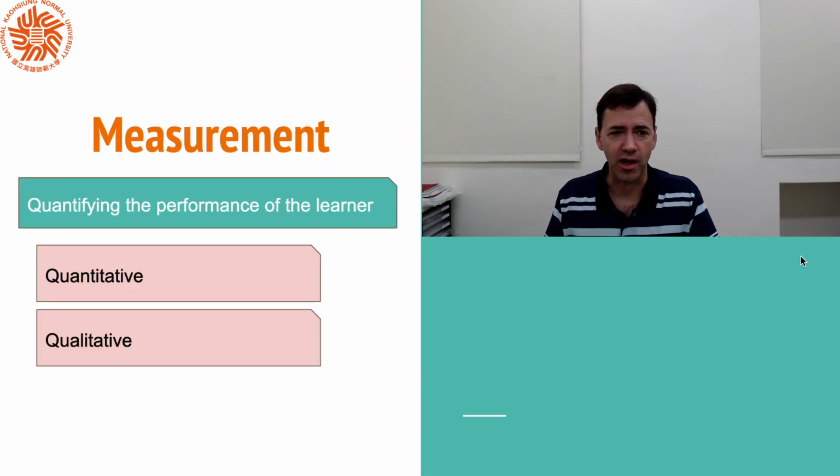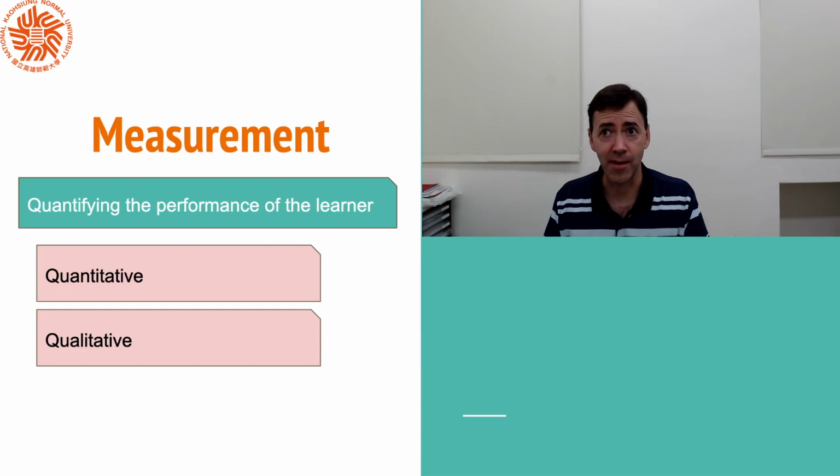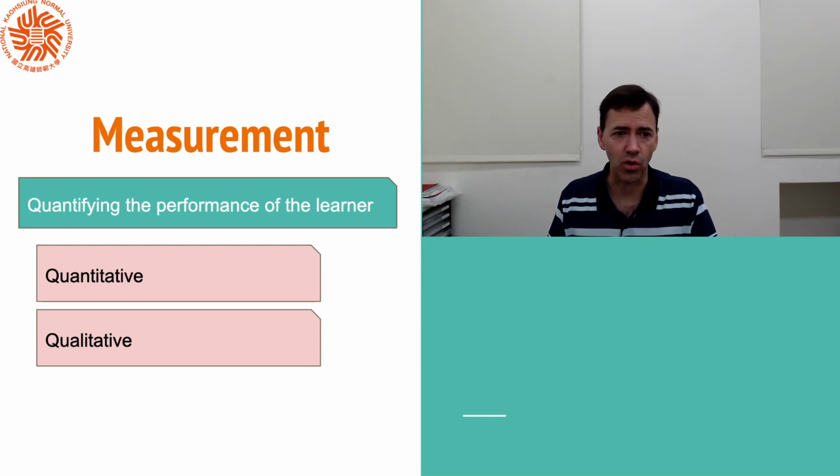Okay, the next one we're going to look at is measurement. So what is measurement? Measurement is when you quantify the performance of the learner. You give it an actual number or some kind of descriptive evaluation. So 2 terms that we often use in testing and also in research statistics are quantitative and qualitative data or assessment.